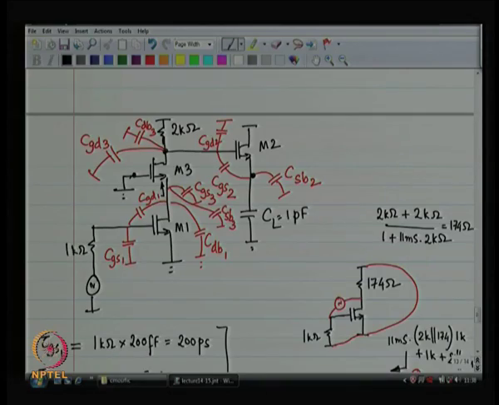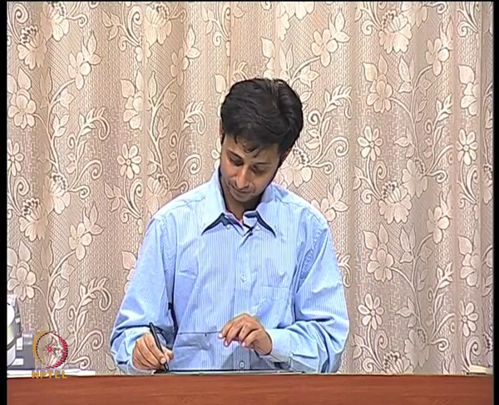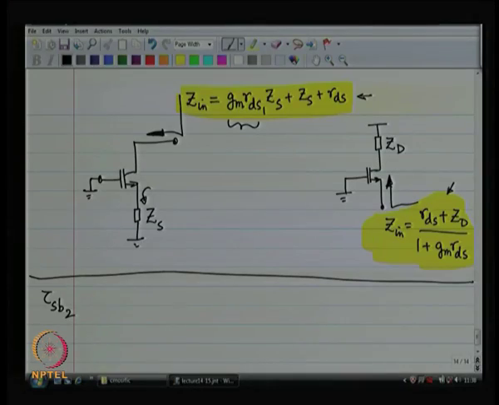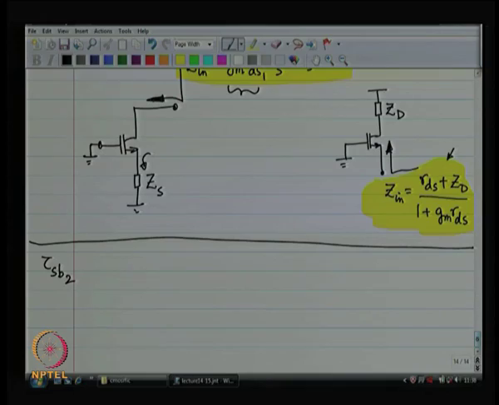You are going to see the resistance presented by the source of M2, right, and the drain of M2 is connected to ground, not even to any resistor. So you basically use this template formula, ZD is 0. So RDS divided by 1 plus GM RDS. GM over here is the parallel combination of GM and GMB. It is the sum of those two.